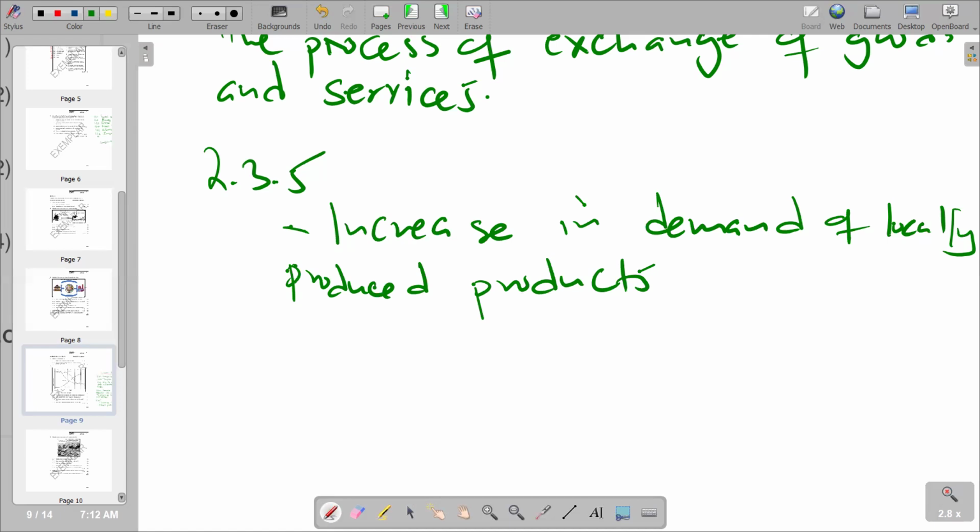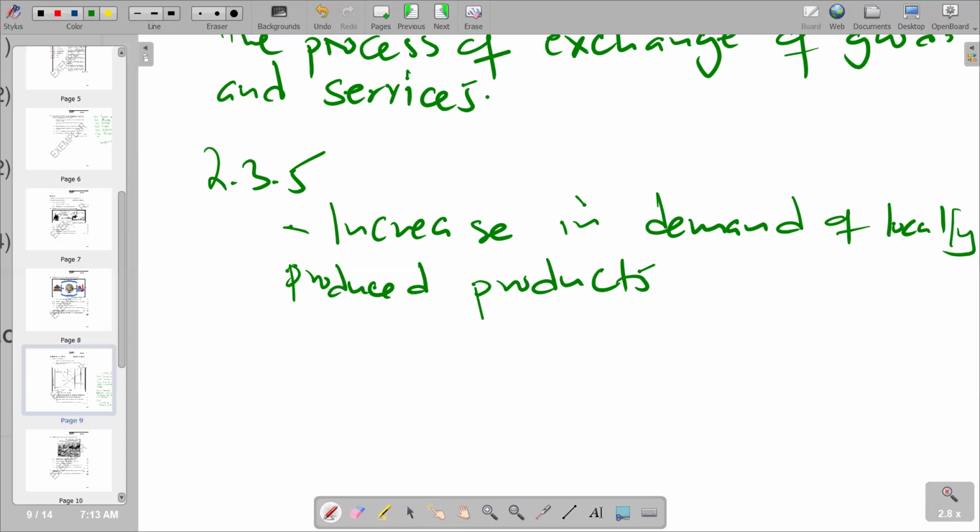And then it also secures employment. It also secures employment opportunities in the domestic economy. We are saying those businesses are going to expand their production due to the increase in revenue. So by expanding their production, they accommodate more workers, and we reduce unemployment.